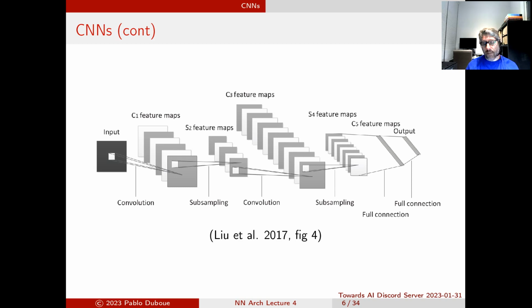For example, we can take little blocks of 2 by 2 and take the maximum value computed over these 4 numbers. Yes, that's a max pooling type of subsampling. And there is also average pooling, and I guess you can also define minimum pooling.